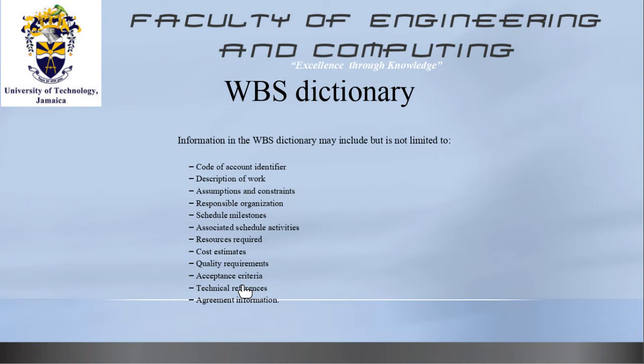So for that particular resource, you may want to state that the cost may not be a cost of the project, or if it will be a cost of the project, you indicate it in the WBS dictionary, because that's what you're going to use now to develop your cost estimation, right?